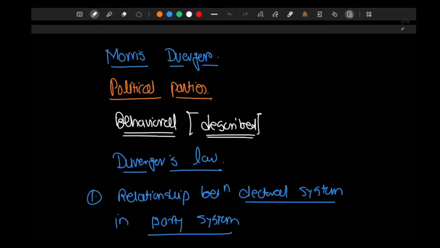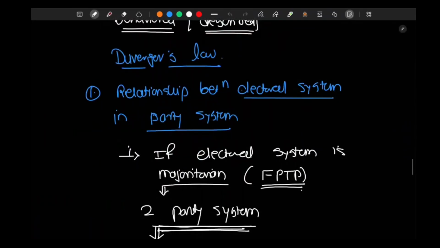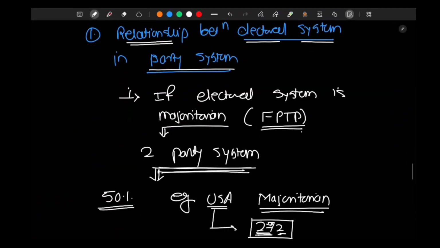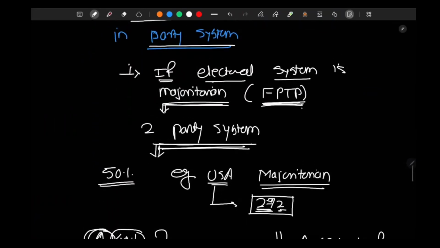He has described how political parties function, and to describe that, he has first established the relationship between electoral system and party system. The first principle says that if the electoral system is majoritarian, which is first past the post method, it will lead to a two-party system.